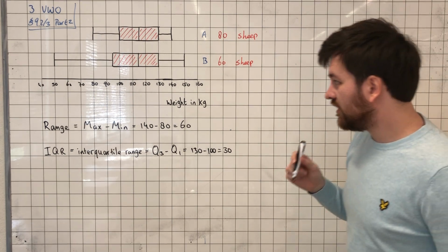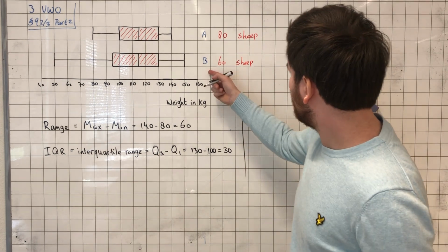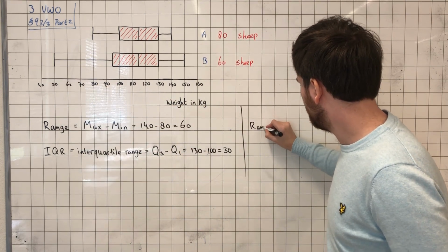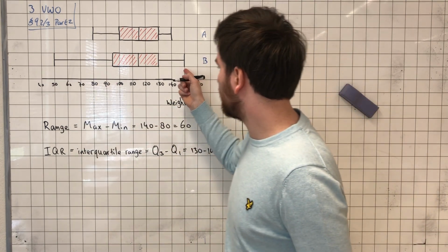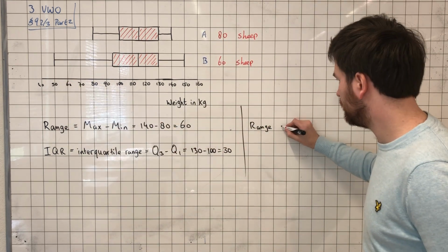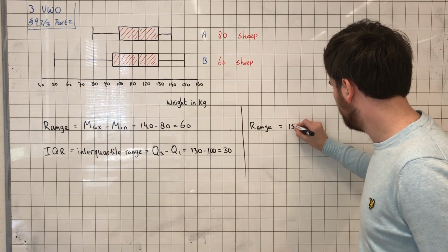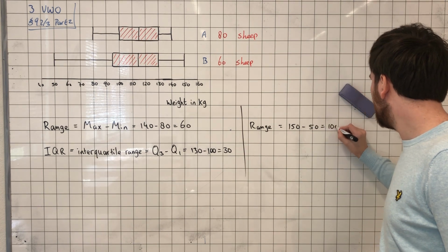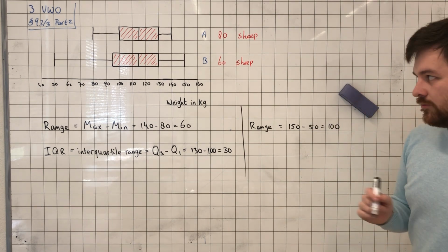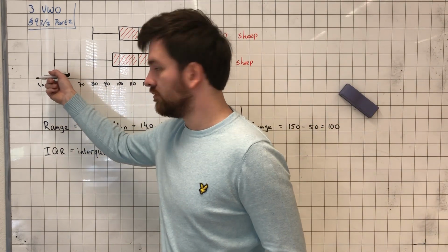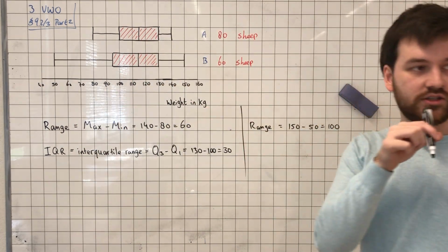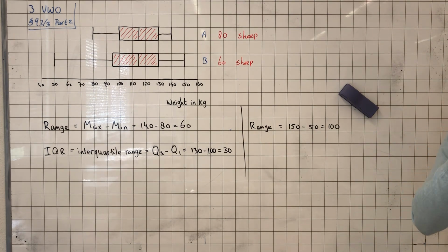Hopefully by now you've calculated both of them. For the second box plot, the range is 150 minus 50, which is 100, which means that Mr. Arts has the lighter sheep, but he also has sheep which are heavy.